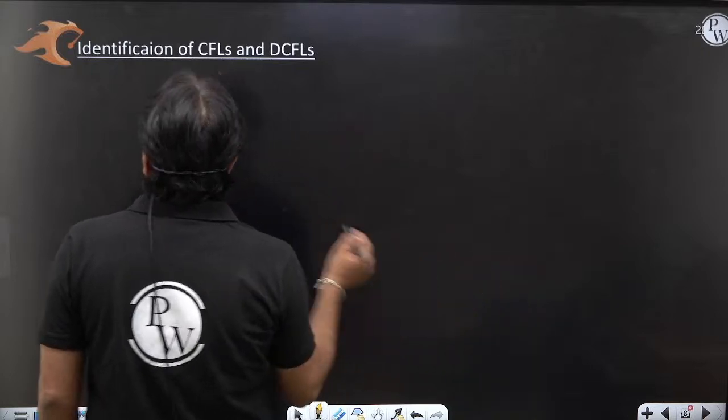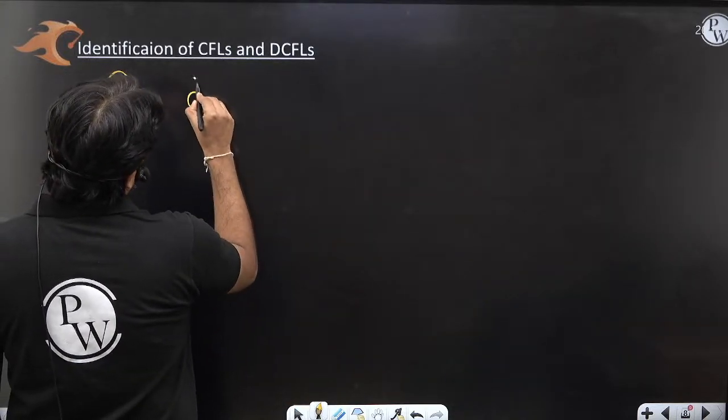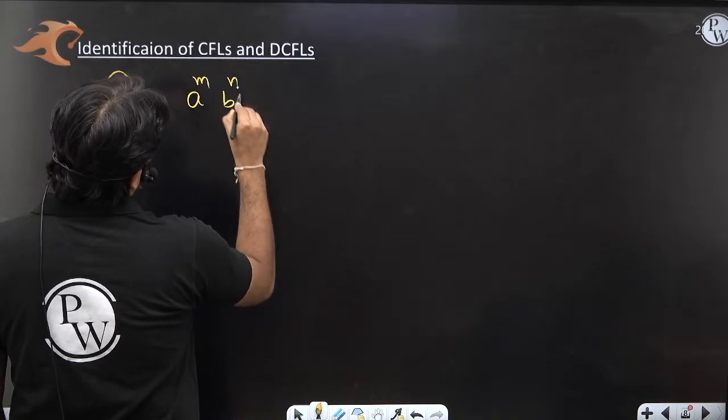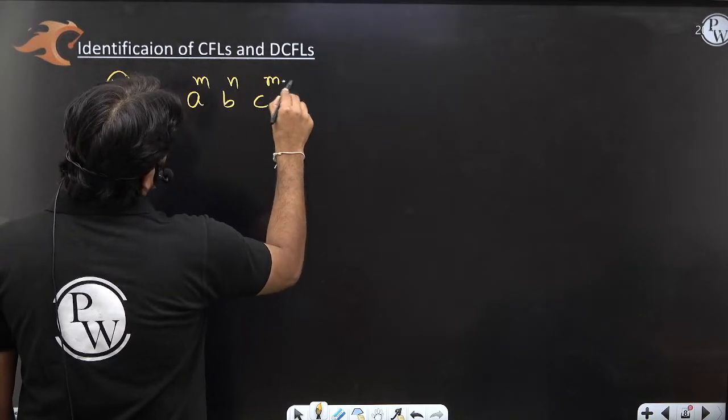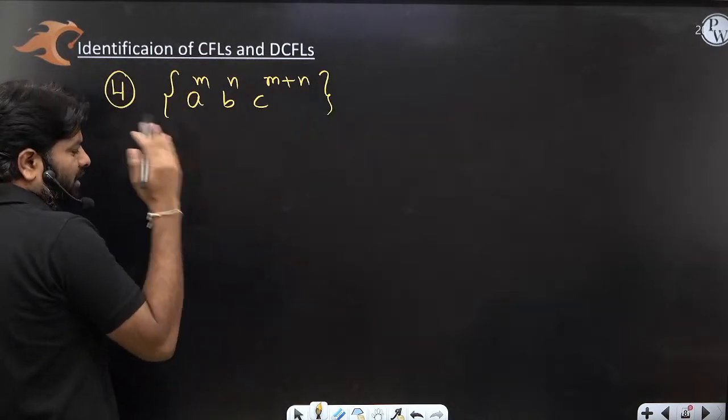Fine. The fourth one, a^m b^n c^(m+n), where m and n are greater than or equal to 0.